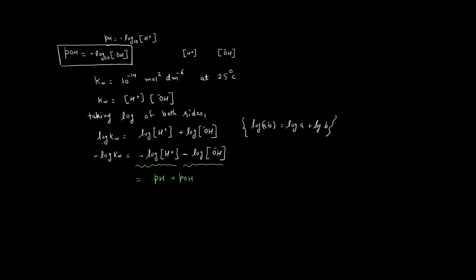If we take the log of it, we will get 14. So we got the formula pH plus pOH equals 14. So if you know the pH of a solution, you can find the pOH by subtracting it from 14. So this is another formula, pH plus pOH equals 14.